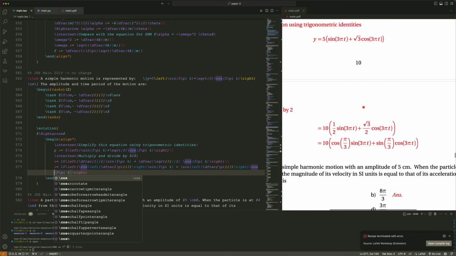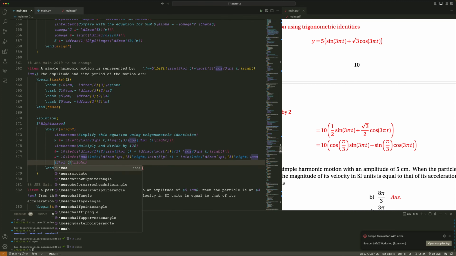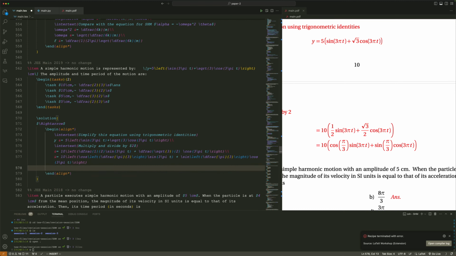So yeah, as you can see, we have now expanded completely, so this will be cos a sin b plus sin a cos b, and this will convert to sin of a plus b. I think it's right. Yes, it's right.